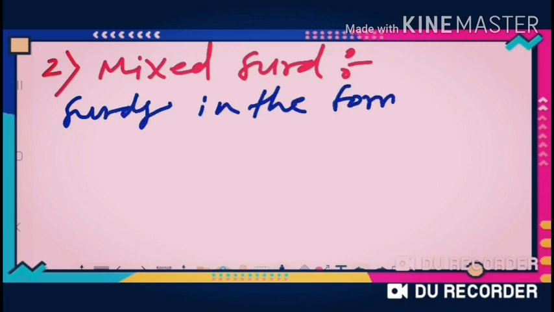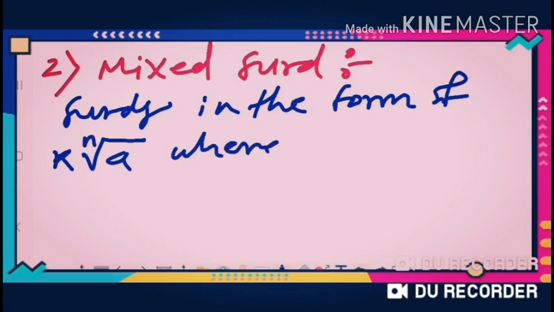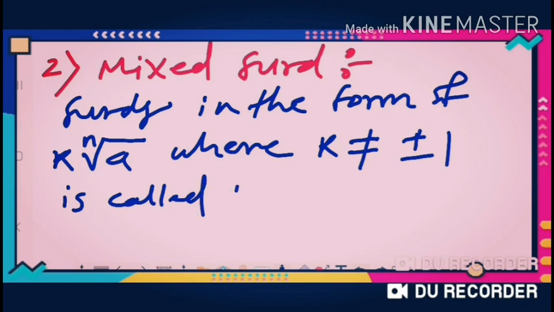Surd in the form of coefficient k, order n in radical sign a, where coefficient k is not equal to plus minus 1. Then we say that given form of surd is mixed surd.